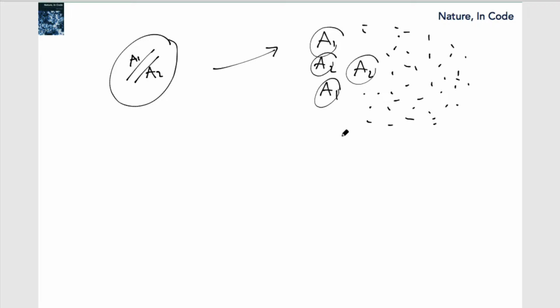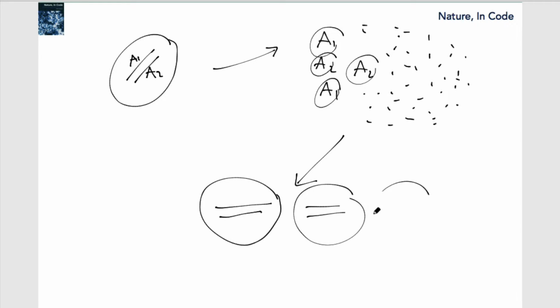And then we would draw from this pool, we would draw these alleles, and we would randomly create new diploid individuals by drawing many, many of these alleles.